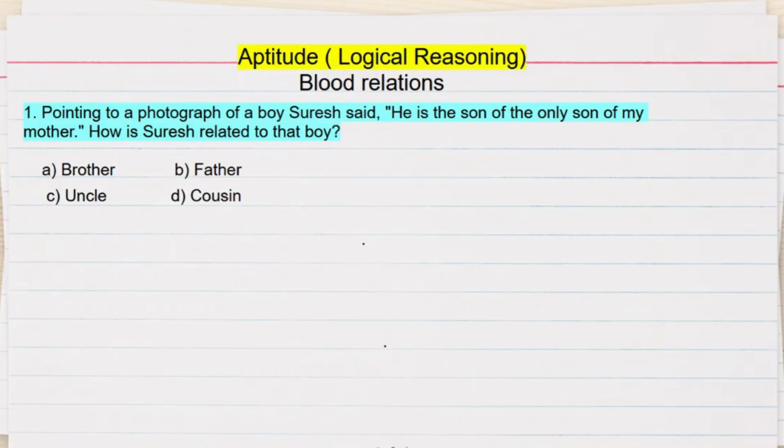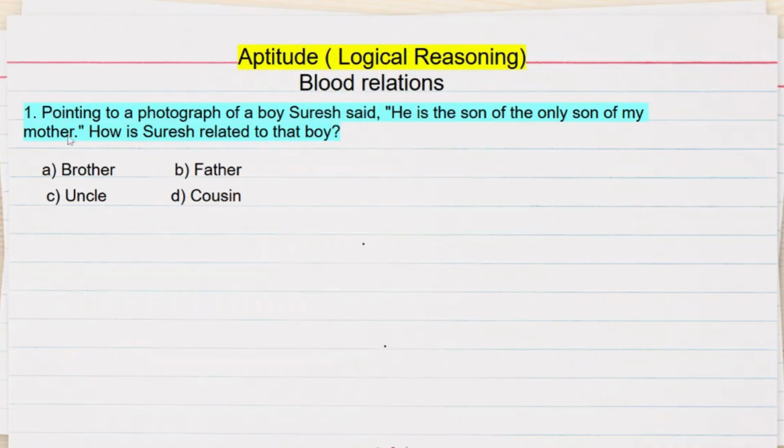Also, whenever we are solving this kind of question, we will start from the last part of the statement and go to the very first, and then we will read what relation is being asked between any two persons in the statement.